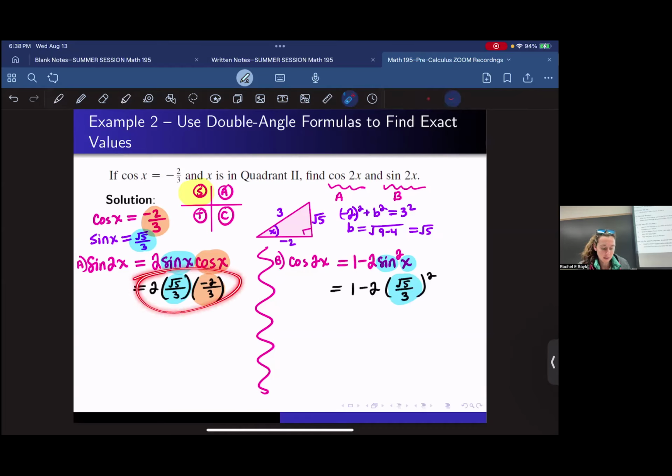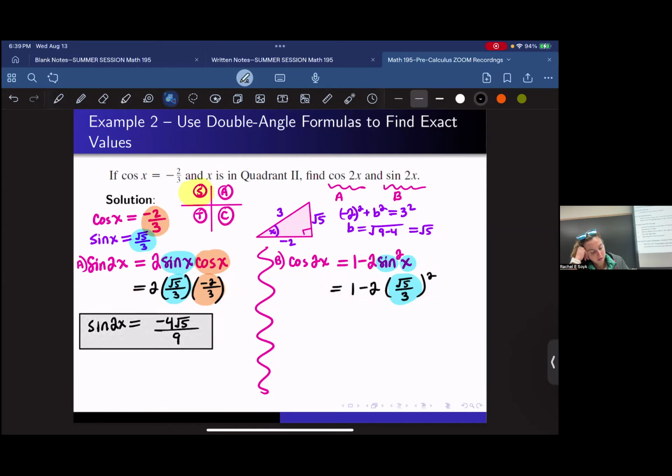All right, we substituted in properly, and now we are going to just simplify. So we have a -4 square root of 5 over 9 for our double angle sine. And then for our double angle cosine, we have 1 minus square root of 5 squared, which is just 5.